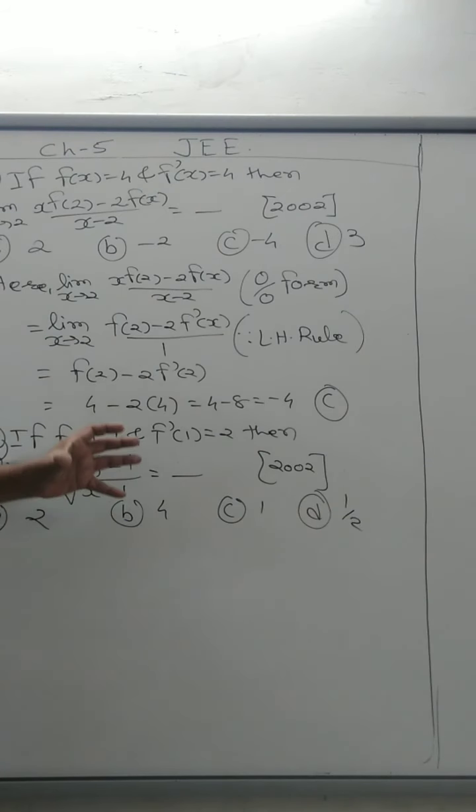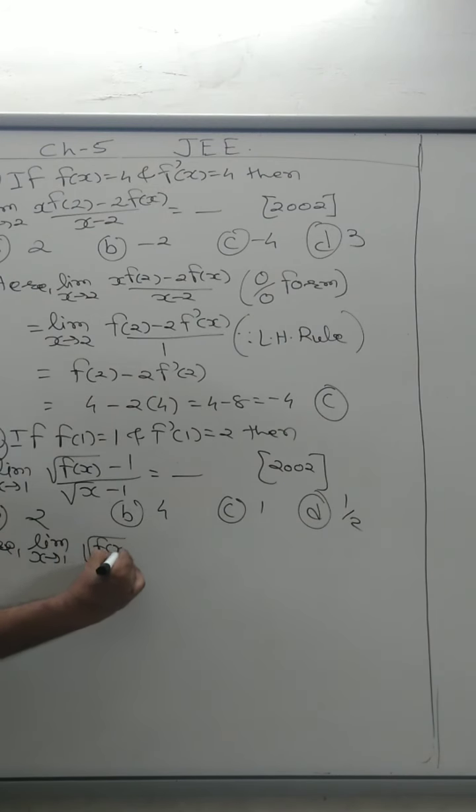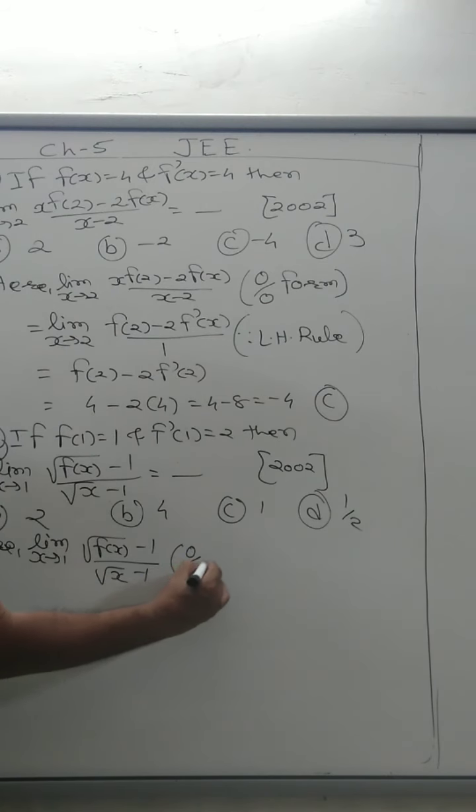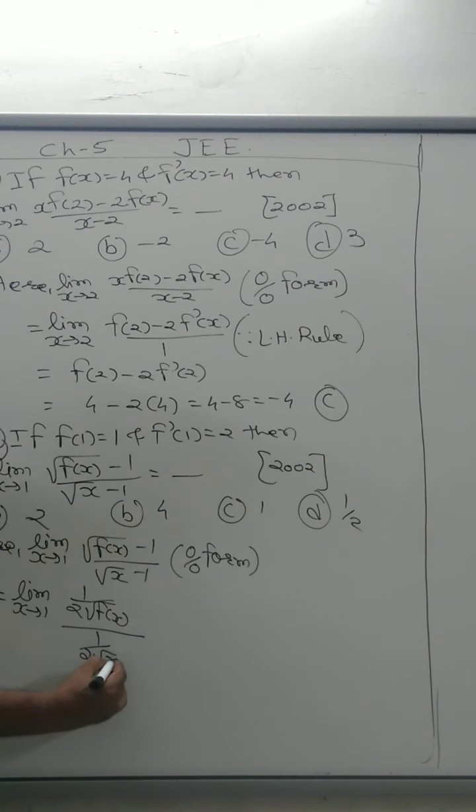Here we apply the same process because the 0 upon 0 form occurs. The limit as x tends to 1 of (root f(x) minus 1) upon (root x minus 1) is the 0 upon 0 form. Applying L'Hospital rule, we get the limit as x tends to 1 of 1 upon 2 root f(x) into f'(x), upon 1 upon 2 root x.